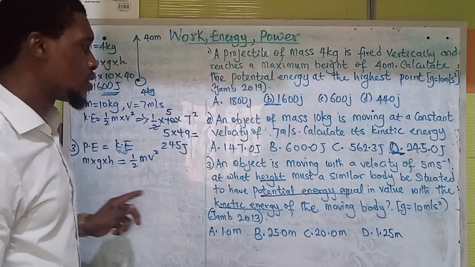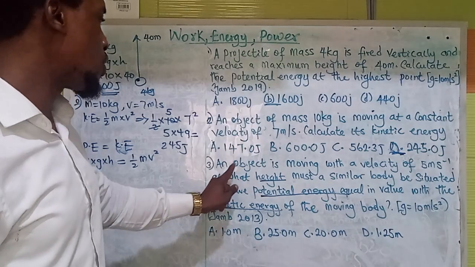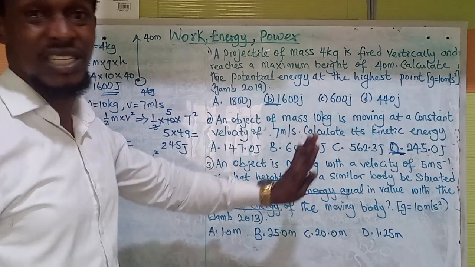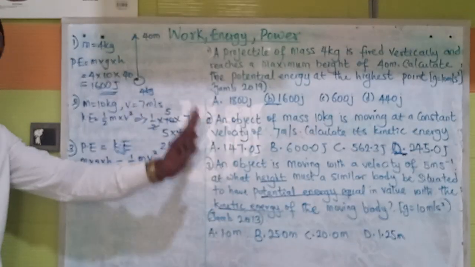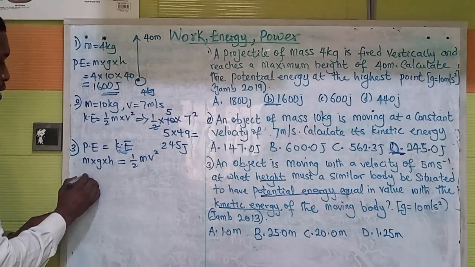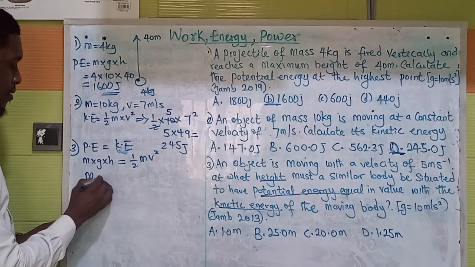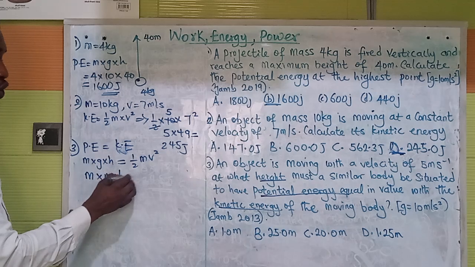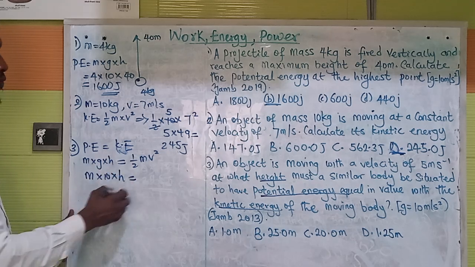How do we know? Because we're looking at the same object but in a different situation, so that same object has the same mass. So we have m times the acceleration due to gravity, 10, times height, which is what we're looking for.